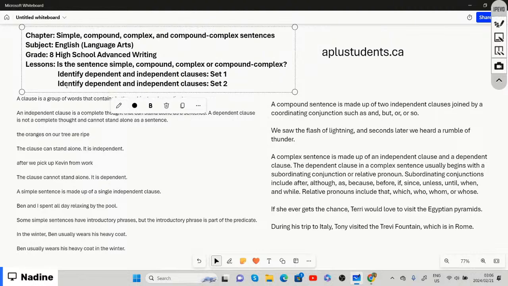And then we are going to identify dependent and independent clauses. We are doing our tutorial lessons on aplusstudents.ca.